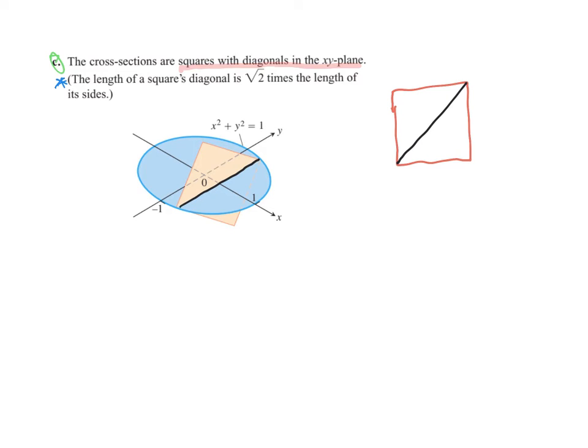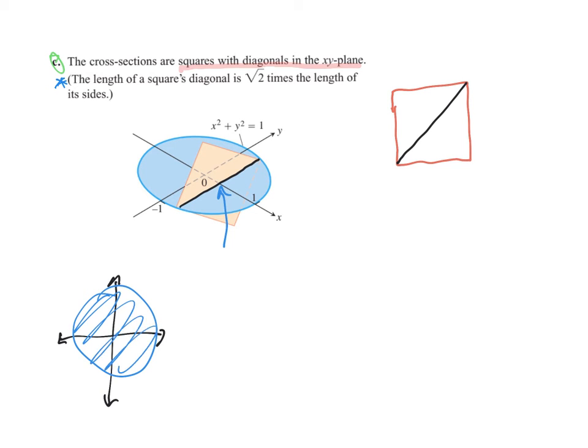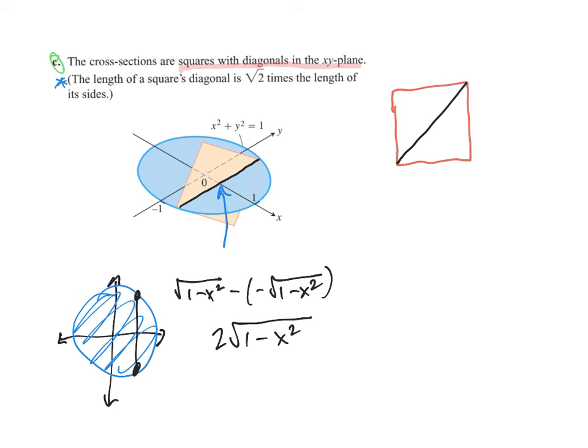Okay. So first of all, we have to remember how long this black piece was. We did top minus bottom in the last slide, remember? We had this picture here. I drew the blue circle with the shaded region. Then I drew the black segment from there to there. Top minus bottom was square root of 1 minus x squared minus negative square root of 1 minus x squared, which is 2 square root of 1 minus x squared.